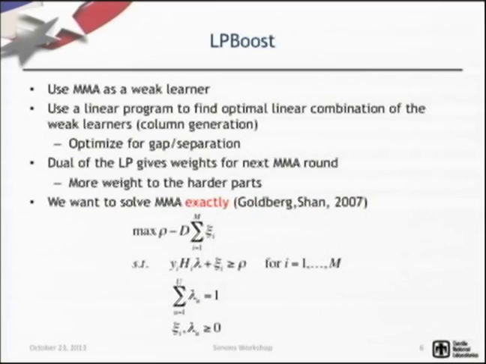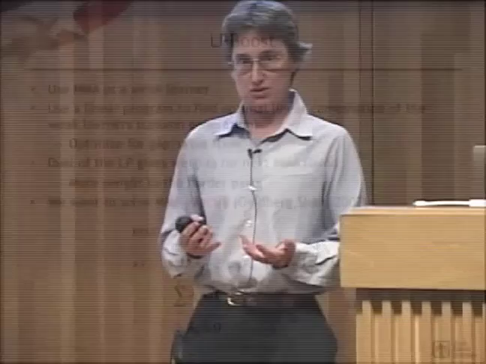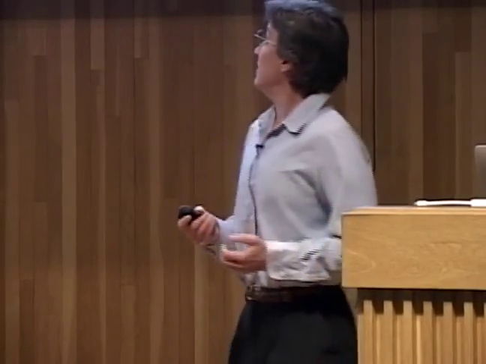So you start off with nothing, and then you add a particular classifier, a weak learner, and then you figure out where your problems are. You add weights based upon where you are right now, and you just iterate until eventually you've added enough weak learners to have a good classifier.